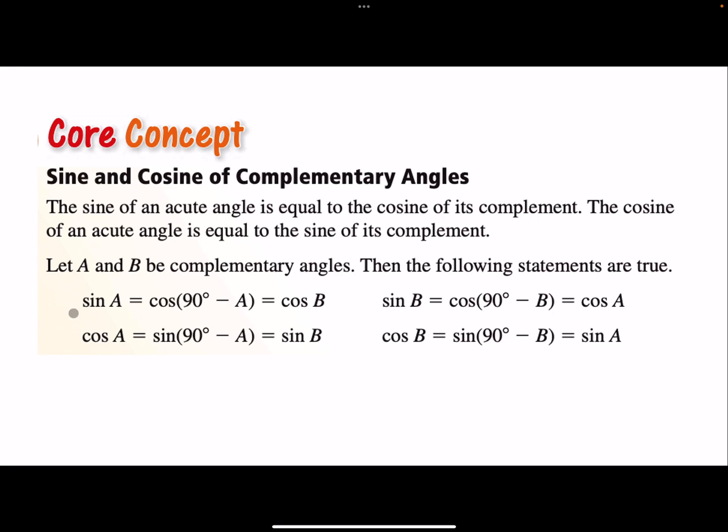If I get the sine of a, that's actually equal to the cosine of b. Or the cosine of a is equal to the sine of b, and vice versa. The sine of b is equal to the cosine of a, and the cosine of b is equal to the sine of a, just like we saw in that old example. Again, pause when you need to so that you can write these down. This is why it's on video.